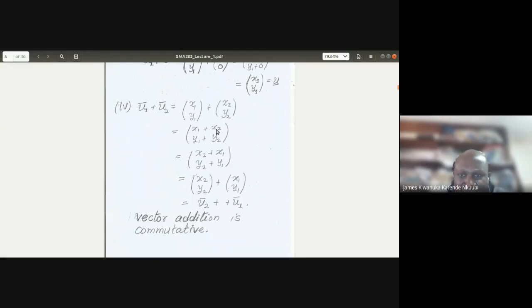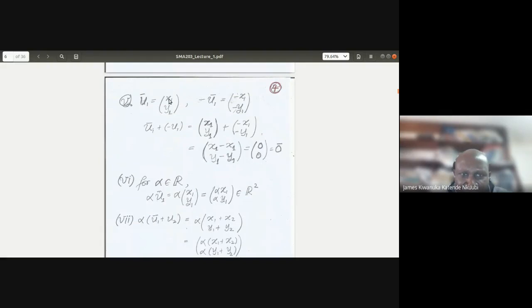So x1 plus x2 can be written as x2 plus x1, and y1 plus y2 can also be written as y2 plus y1. Then we split this back into two vectors and end up with u2 plus u1. So we have shown that u1 plus u2 is the same as u2 plus u1, and therefore vector addition is commutative.